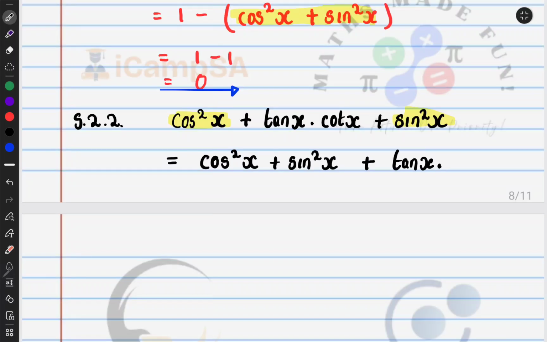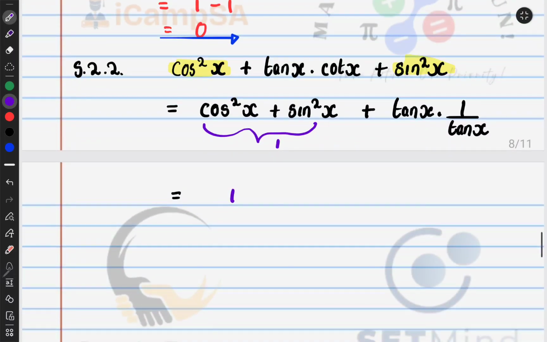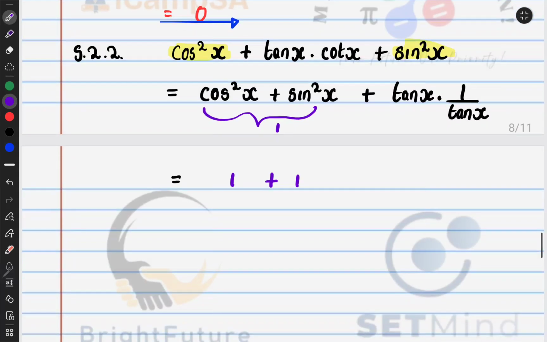What is cot x? Cot x is 1 over tan x. So here we're going to have cos squared x plus sine squared x, which is equal to 1. So we're going to have 1 plus tan x divided by tan x, which is 1. So here the answer is 2. That's your answer there, 2.